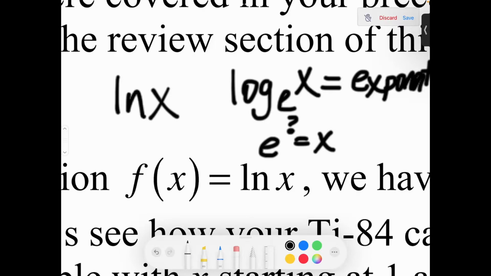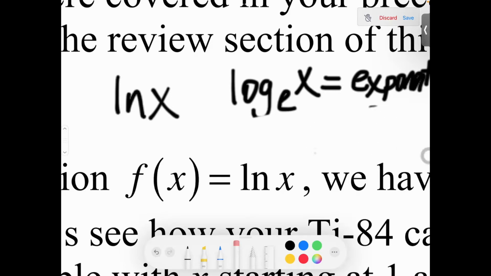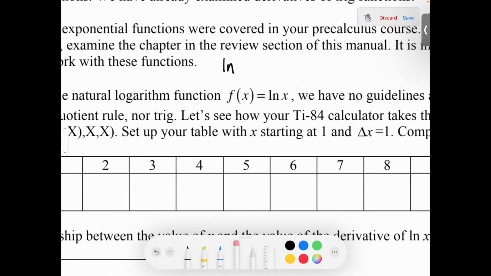If we were looking at negative values for x, like e to what power is equal to -3, that's actually not possible because you can't raise a positive number to a power and get a negative number. That's never going to be possible. So ln natural log is actually undefined for any values less than 0. It's only defined for values greater than 0.